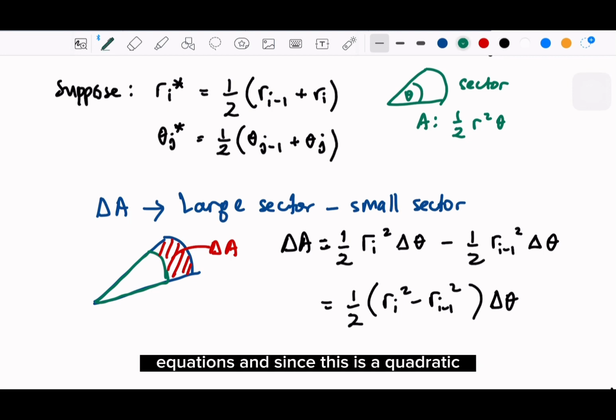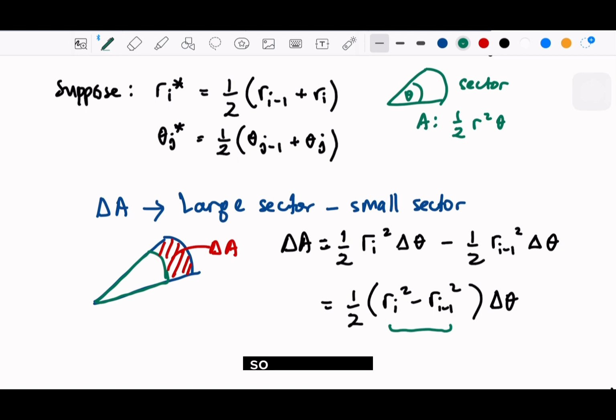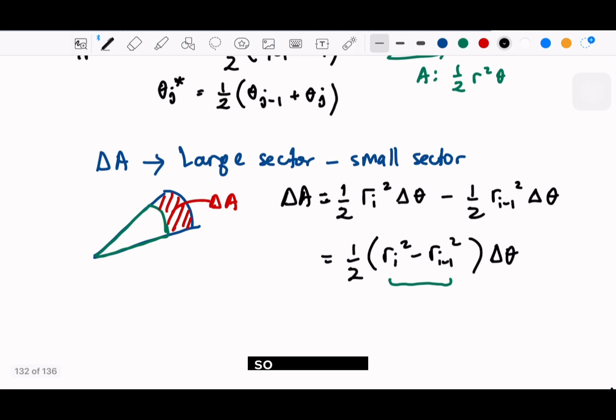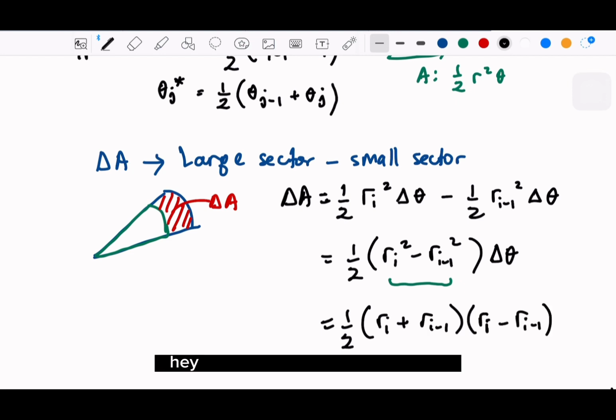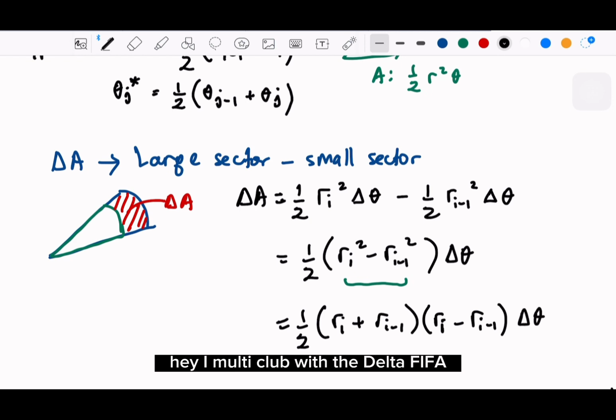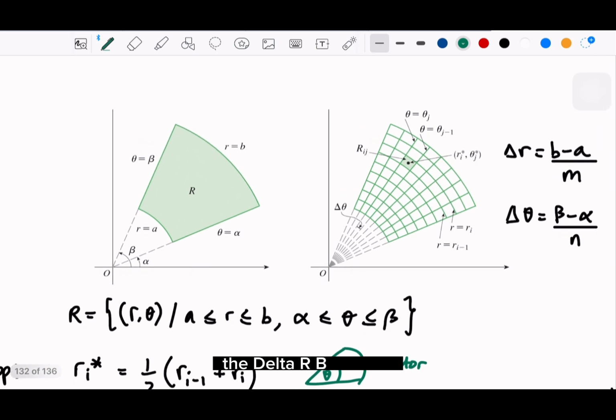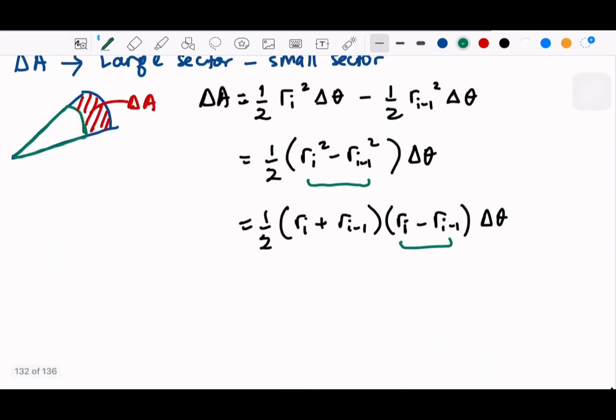And since this is a quadratic, a squared minus b squared, we could factorize to a plus b, a minus b. So let's do that, and then multiply with the delta theta. Now this one here relates to the delta r, b minus a. So this could be our delta r.